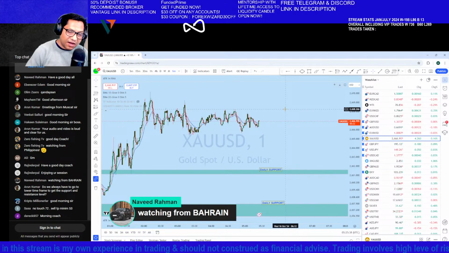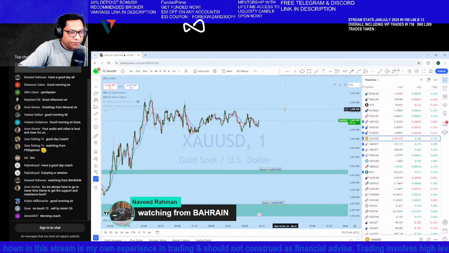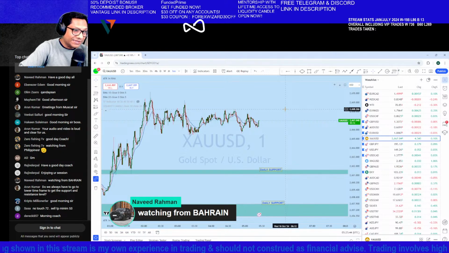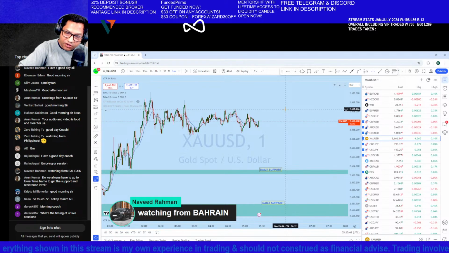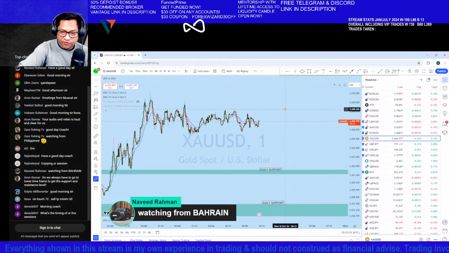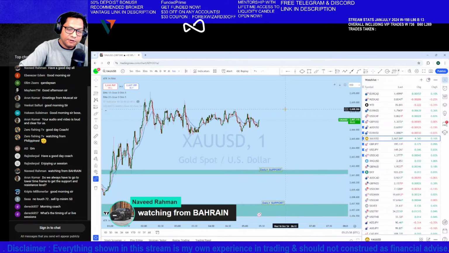But using multiple time frames is helpful because something you can see on the lower time frame you might not see on the higher time frame, and something you see on the higher time frame may not be clear on the lower time frame, especially when you look at key levels, such as the daily key level, which is very, very important.